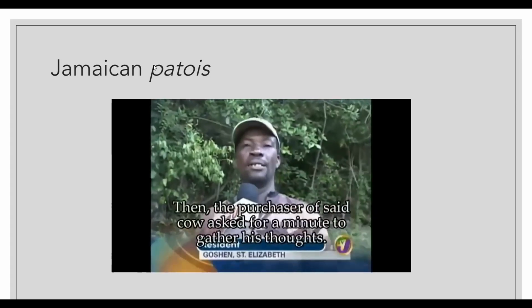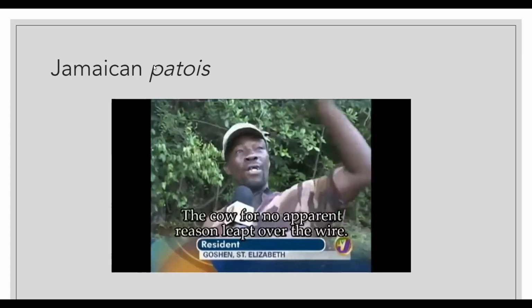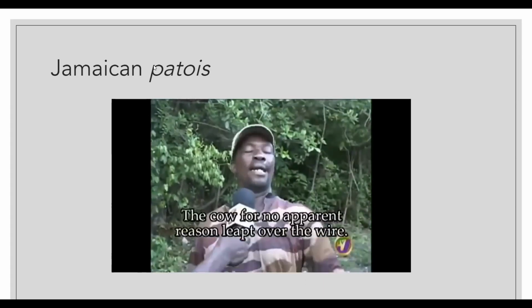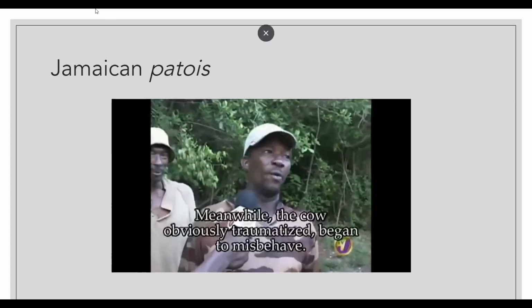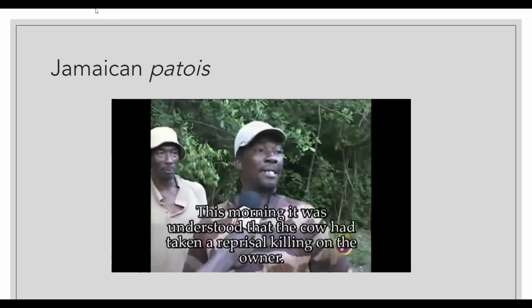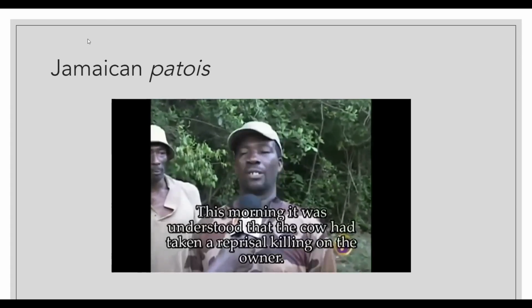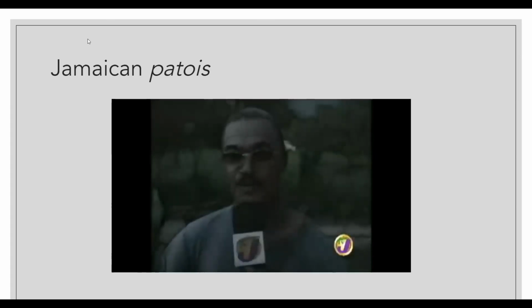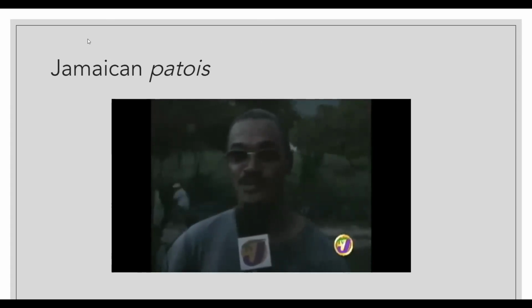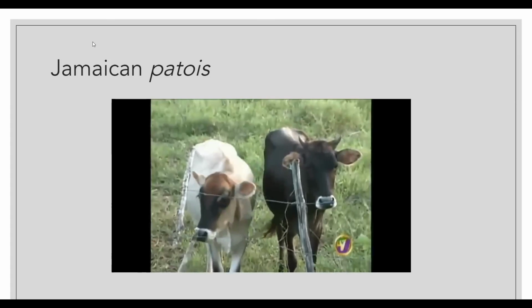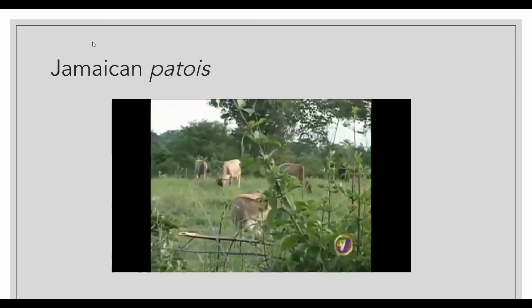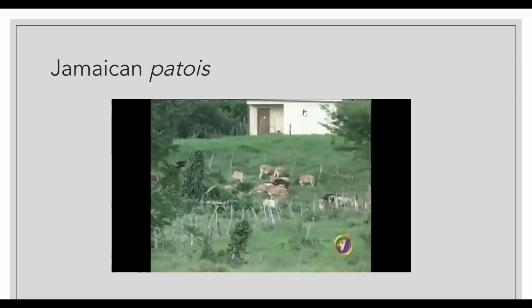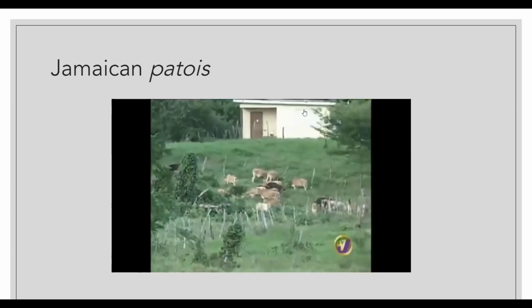So we must hold on. So me hold on now and the cow jump over the wire now, and the mother come buy kitty calf. I came over the cow farm over here, so. And over conversation now we come over there go on until this man, when we up so now, but the district don't say cow, but he want to feed. This resident says Mr. Barrett tried to use the cow's calf to trap him on Thursday. Obviously, that attempt also failed. Errol Green said he's shocked that the animal snapped like that. And while it's not yet certain why the cow killed its owner, there are speculations.